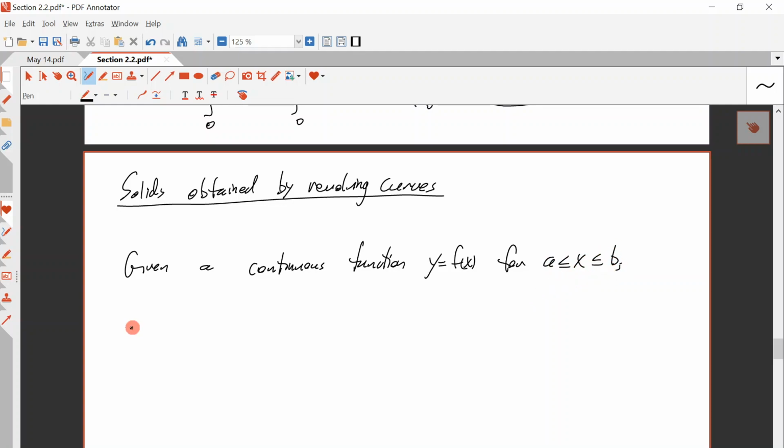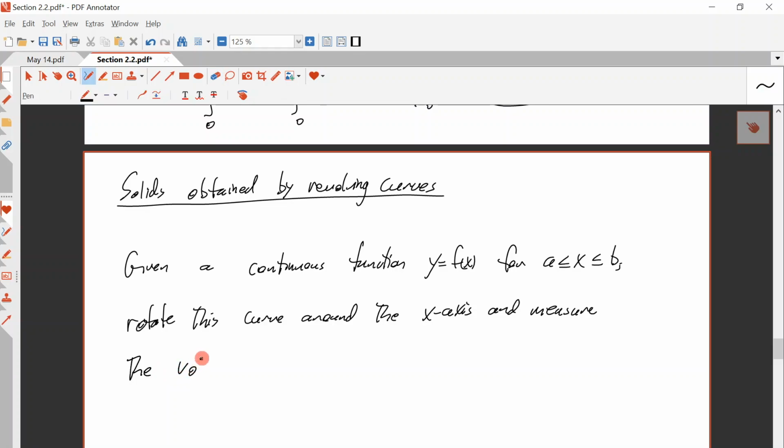I want to rotate this curve around the x-axis and measure the volume of the resulting solid.